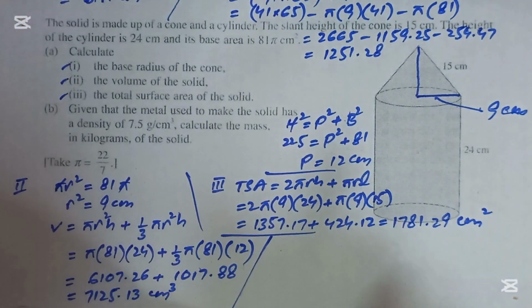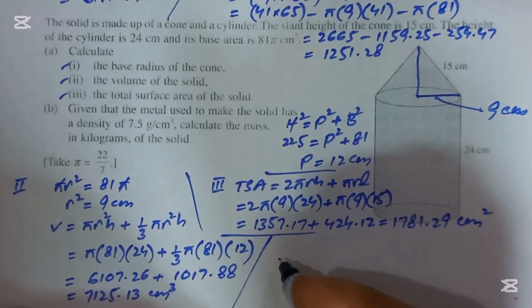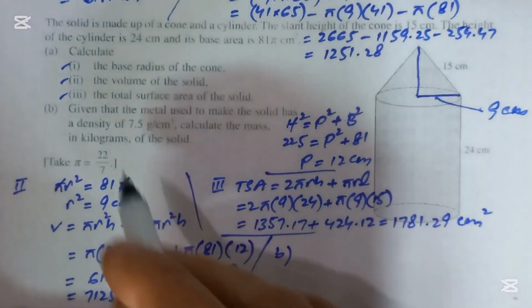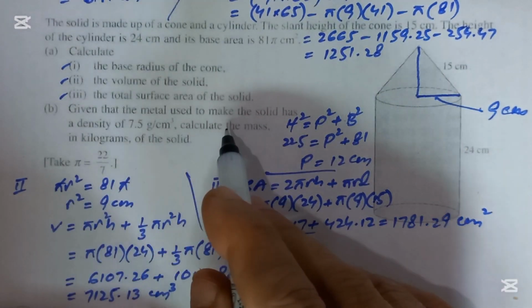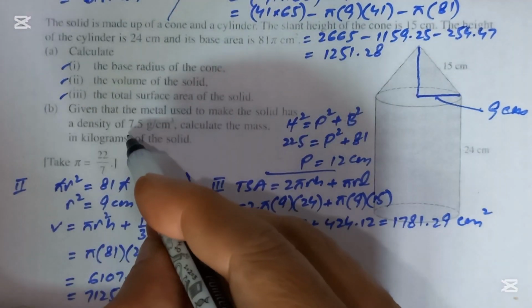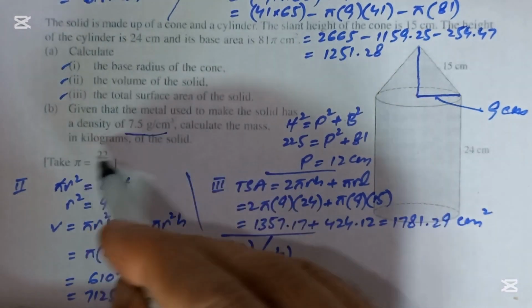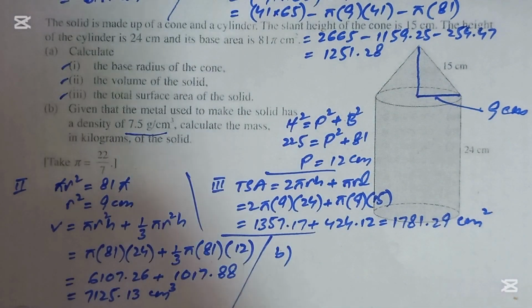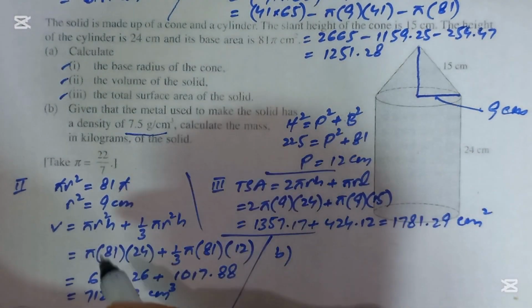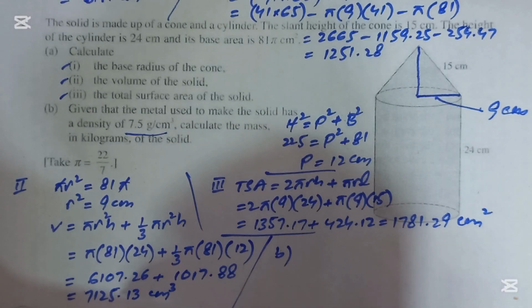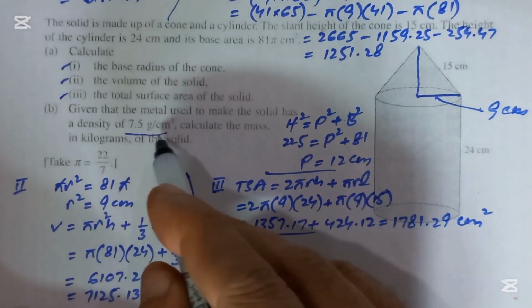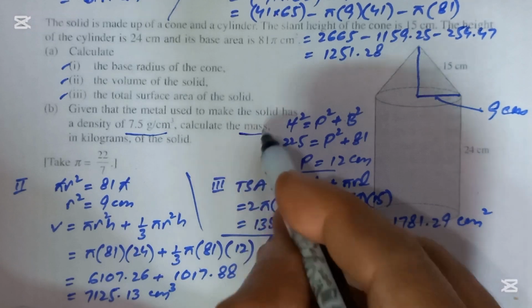Okay, beta. Now B part is, given the density of the metal used to make the solid, calculate the mass in kilograms. Okay, now we have found out the volume, density is given, and requirement is mass.